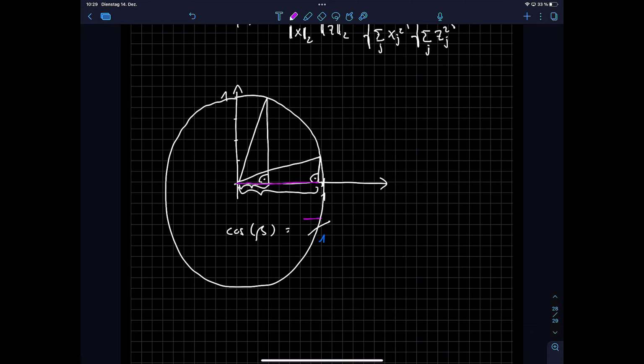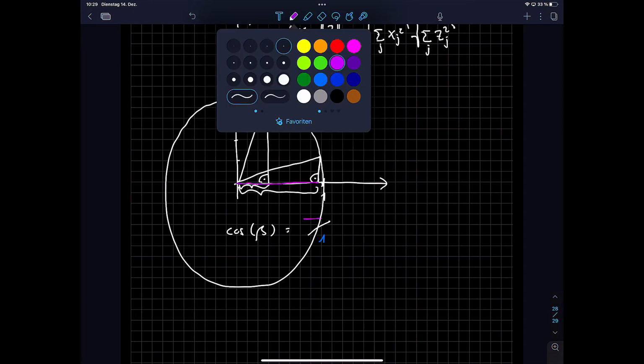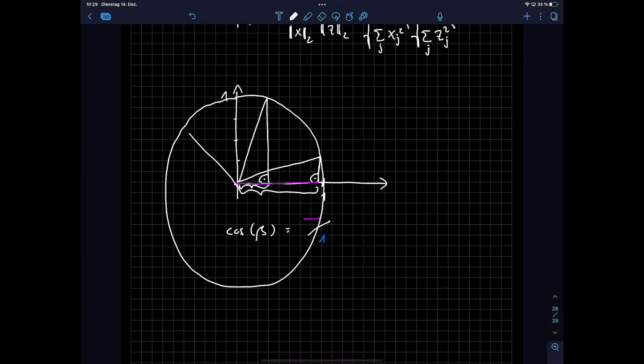Now, if we have a larger angle, something like this, so the overall angle is that one here, the cosine is now the length that we have here, and obviously it has a negative sign. So it's somewhere between -1 and 1.